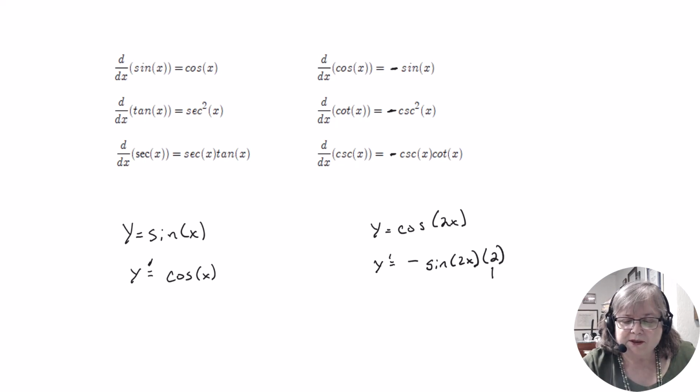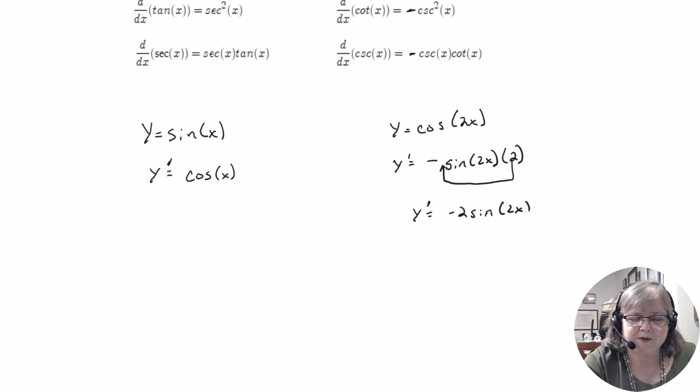So this too does not multiply inside that angle. It multiplies all the way out here. So this would be negative 2 sine 2x. Be careful not to multiply inside. It's like trying to multiply inside a square root.